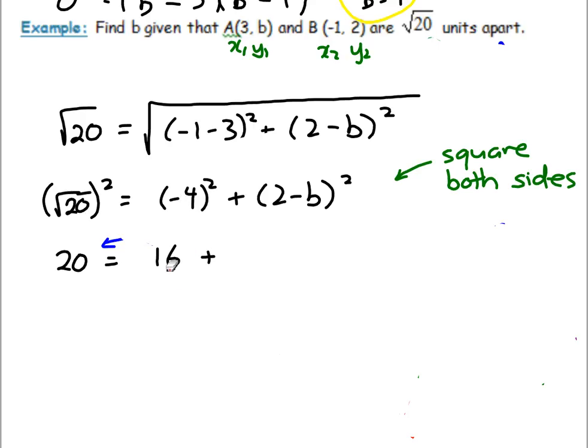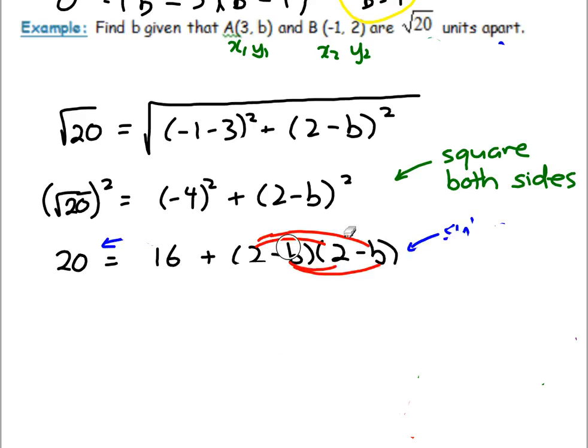Write out the double brackets now and start to FOIL on the next step. You might want to do your foiling off on the side, that's okay. Just make sure you get it right. Subtract 16 and FOIL. So subtract 16 because eventually we're going to have to subtract 16 from both sides. So 20 minus 16 is 4, so the 16's been subtracted off.